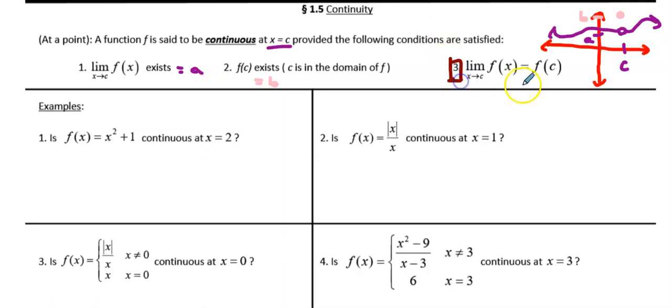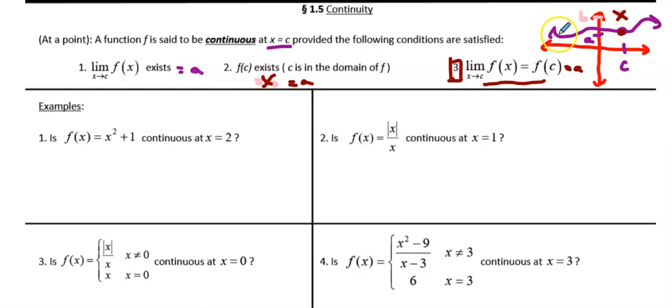This is the be all, do all one. In order for it to be continuous, these 2 values have to be equal to each other. So I actually have to get rid of this, and I'm going to put it right here. And now you can see that it is a continuous function. So now I've made this equal to a, and so now they're both equal to a. And so now I'm continuous.